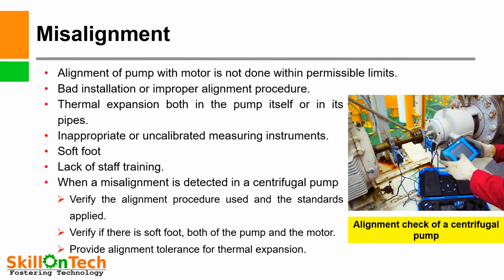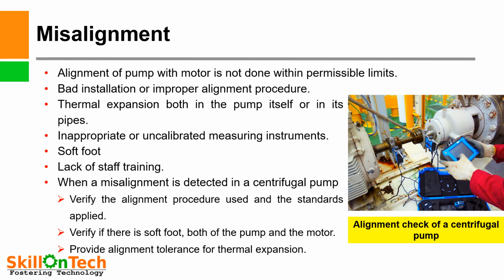Misalignment of pump and motor is a very important reason for vibrations in pumps and motors. We have already discussed in detail in our previous video what runout is, what alignment is, how they may be kept within permissible limits and how alignments are to be done precisely.